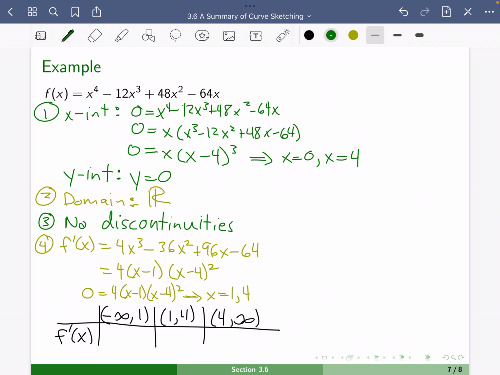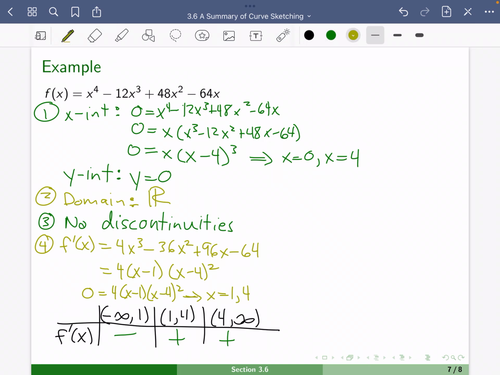If we plug in a value smaller than 1, like 0, into our derivative, we'd have a negative times a positive, which is negative. Plug in something between 1 and 4, we will have a positive times a positive, which is positive, and past 4 we'll have positive times positive, which is still positive.